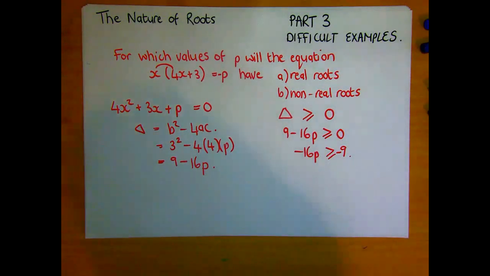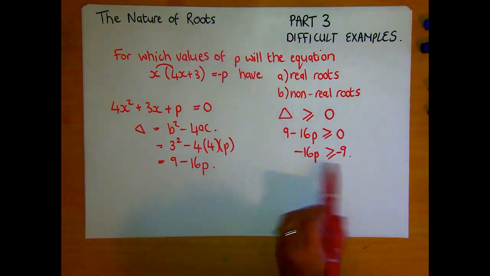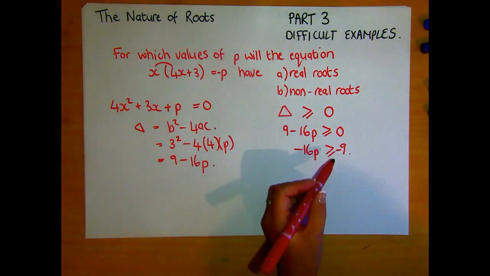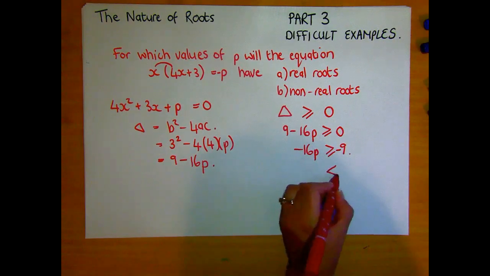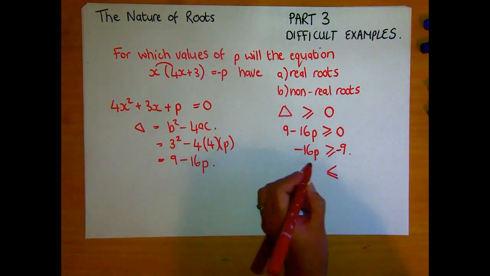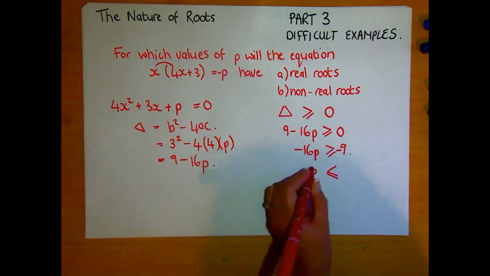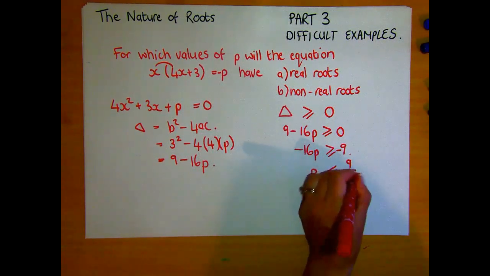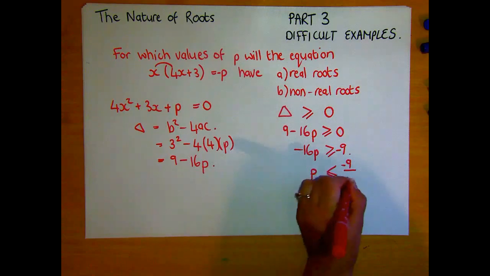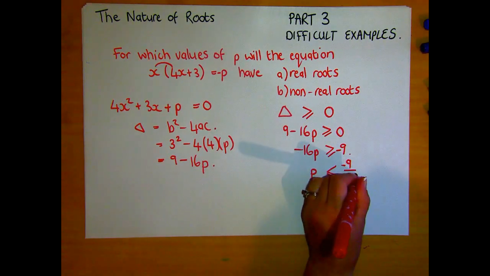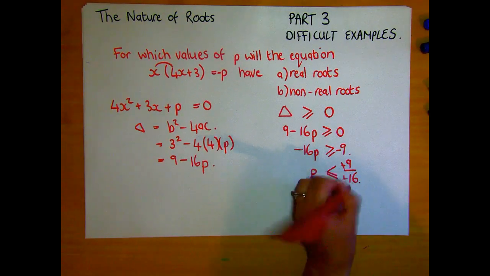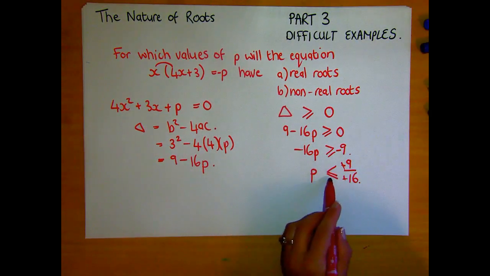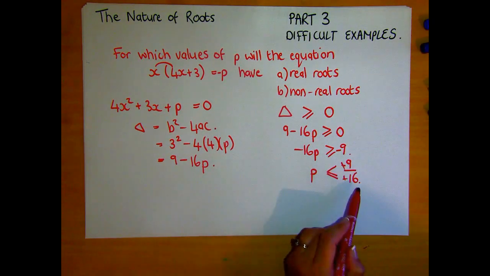Remember, if you divide through by a negative, which is exactly what I'm going to do, you're going to end up changing this sign. Okay, so this one needs to then go like that. Okay, and I'm going to divide through by negative 16. So I'm left with p on that side, and I've got negative 9 over negative 16, which cancels. Okay, so that means p is anything less than or equal to 9 over 16.